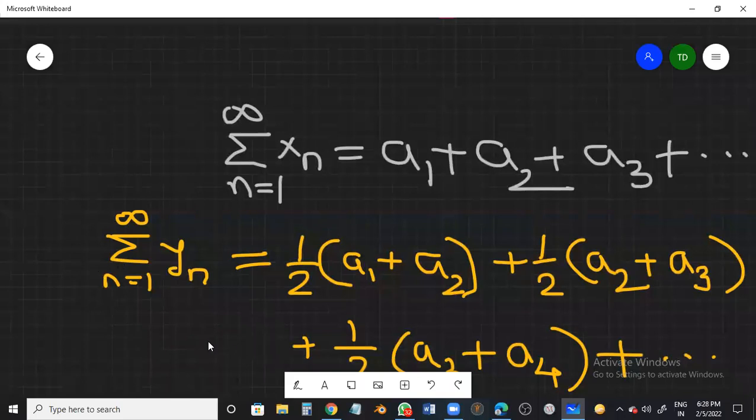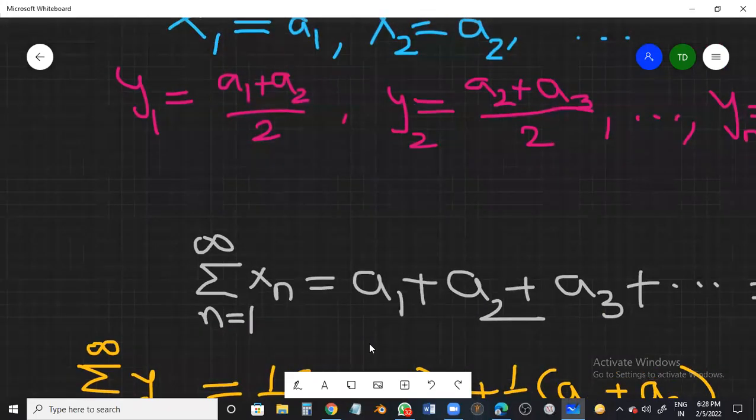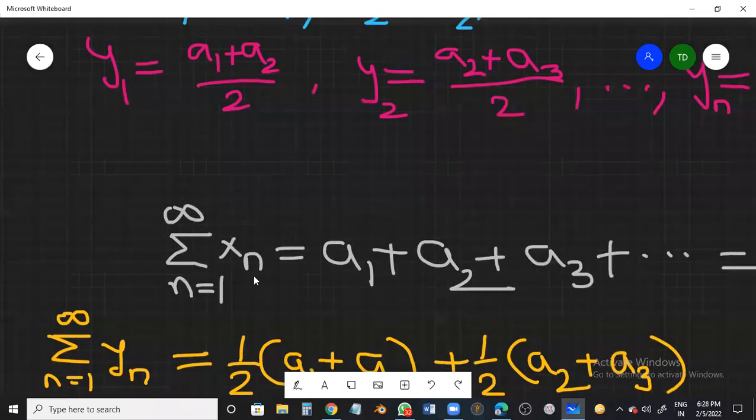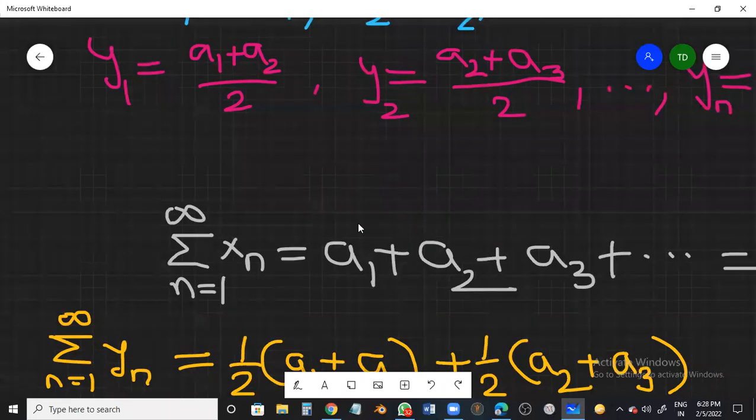I have repeatedly told you how to decide whether a series converges or diverges: because the terms are not ending, you can't decide directly. So we look at the sequence of partial sums.